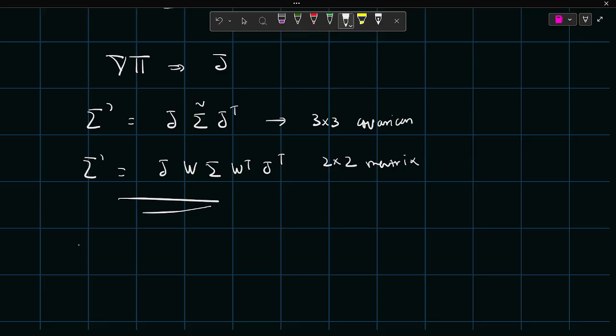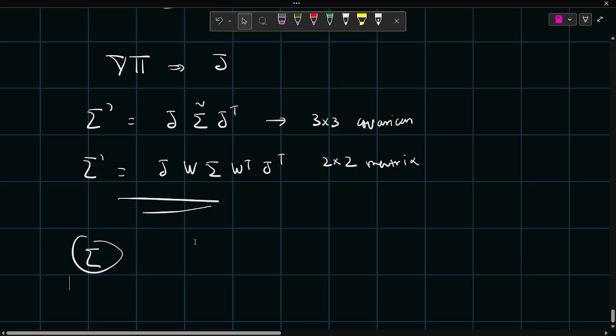And in the next video, I will show you how you can optimize Sigma. Sigma should be optimized in a certain way so that the 2D Gaussian comes into the shape of the 3D object.